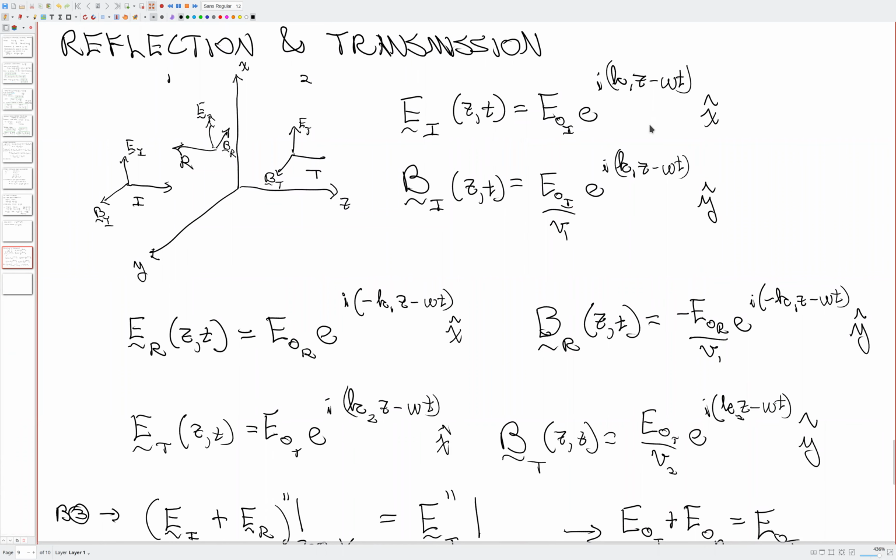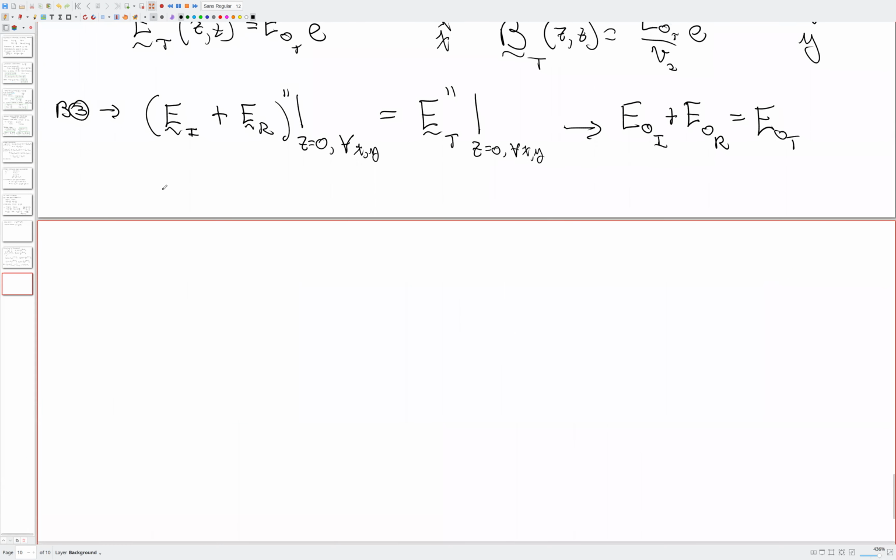I just have this minus omega t. So this one here is just E0I e to the minus I omega t x hat. And then this one here is E0 reflected, again e to the minus I omega t, also x hat, right?